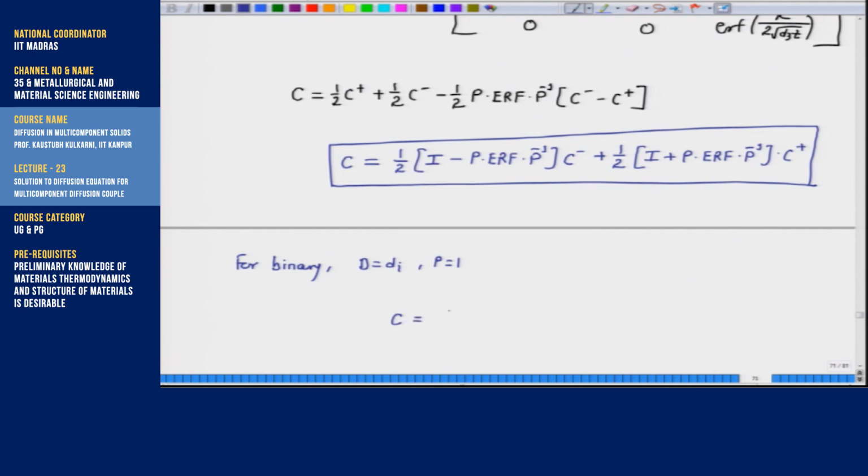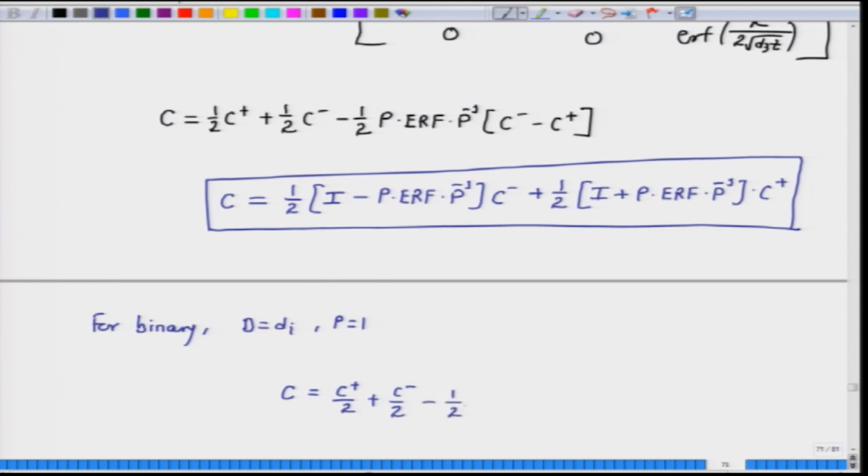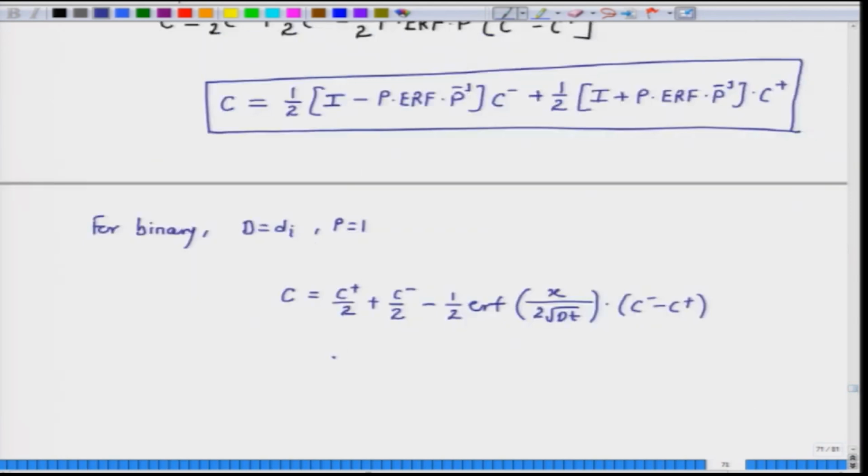C is equal to C plus by 2 plus C minus by 2 minus 1/2 error function x over 2 root Dt times C minus minus C plus, and if we rearrange the terms we get the more popular form: (C minus C plus) over (C minus minus C plus) is equal to 1 half times 1 minus error function x over 2 root Dt.